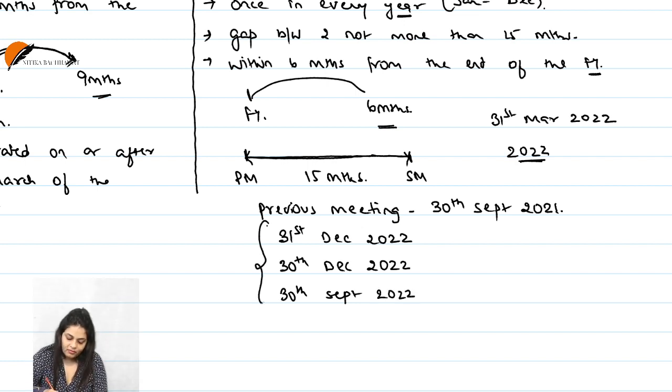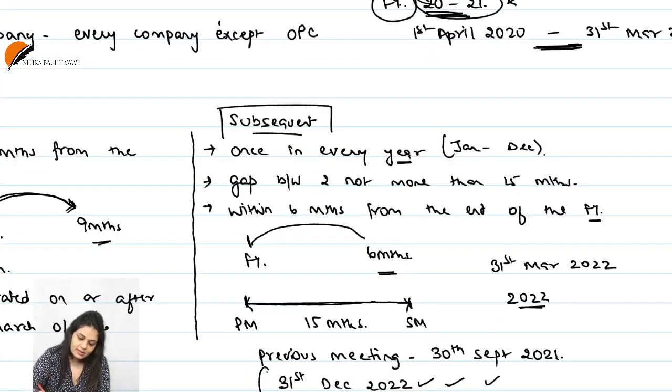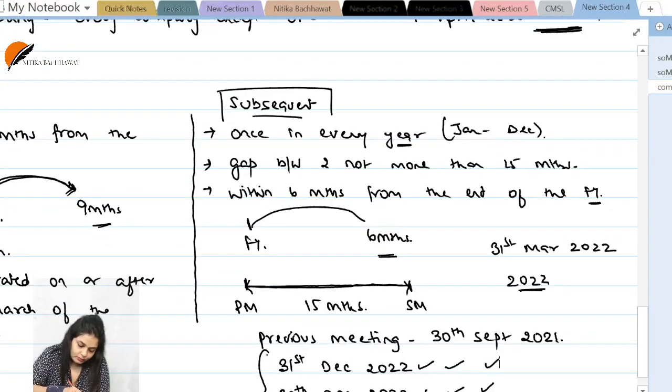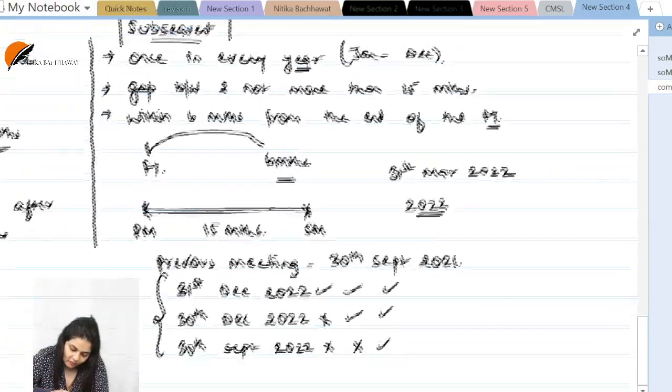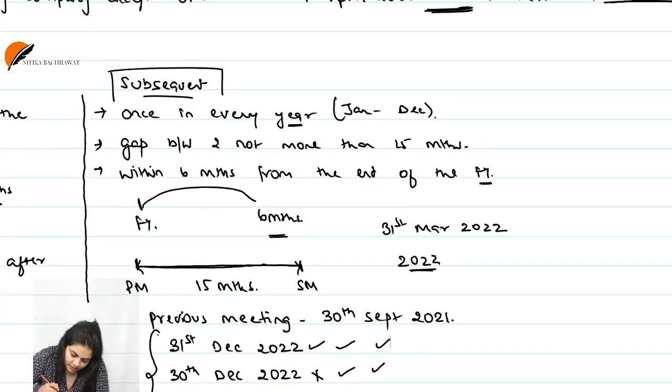Now I have three conflicting dates. If I follow this date, I am going against this and this. If I follow this date, I follow this, but I'm going against this. But if I follow this day, I follow all. So on this, it is whichever date falls the earliest. Whichever is earliest.